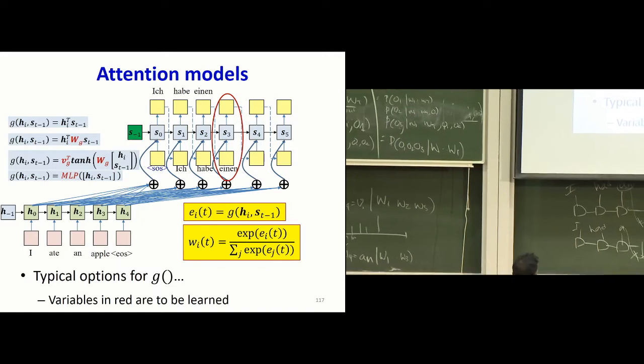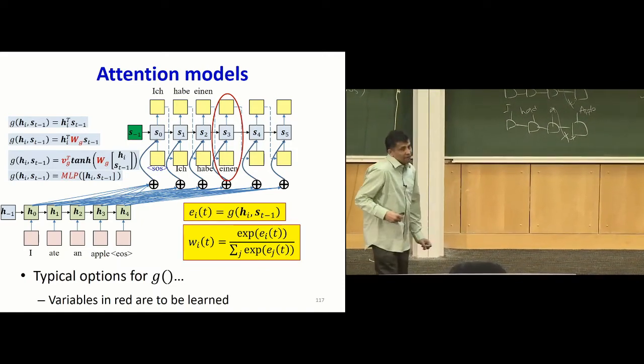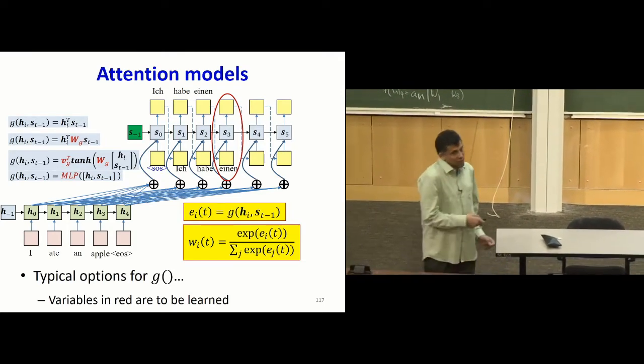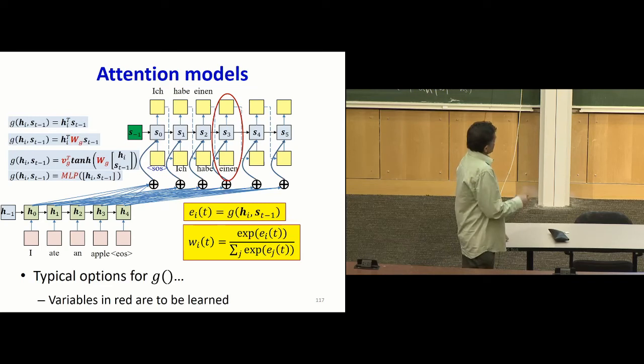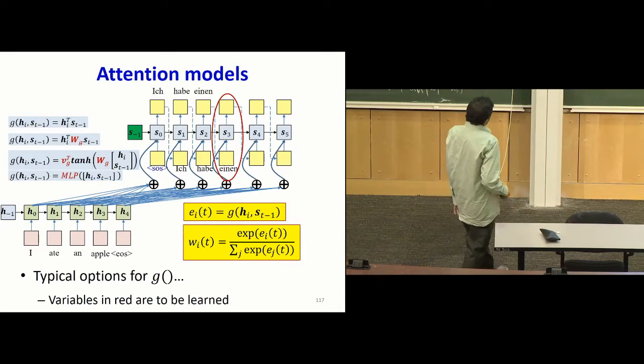You can also have other functions like this peculiar one with a tanh, or you can even have a multi-layer perceptron which takes in h_i and s_{t-1} and produces values. There are different mechanisms to compute the raw weight, and the popular ones are the first two. Subsequently you can pass those through a softmax to compute the weights.